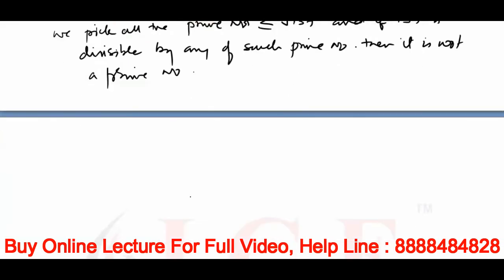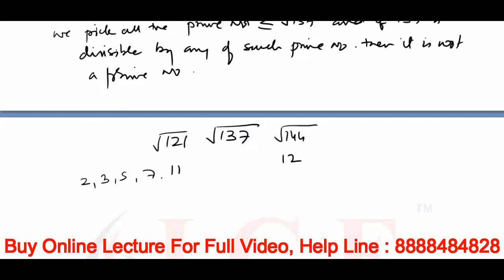For example, square root of 137 lies between square root of 121 and square root of 144, which means 11 and 12. Therefore, all the prime numbers less than or equal to 11 are 2, 3, 5, 7 and 11.